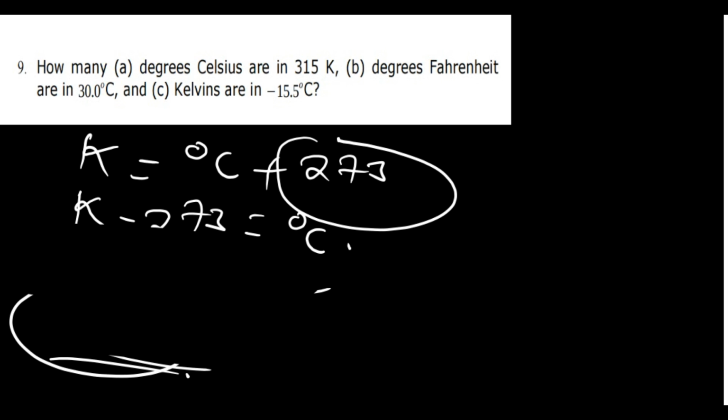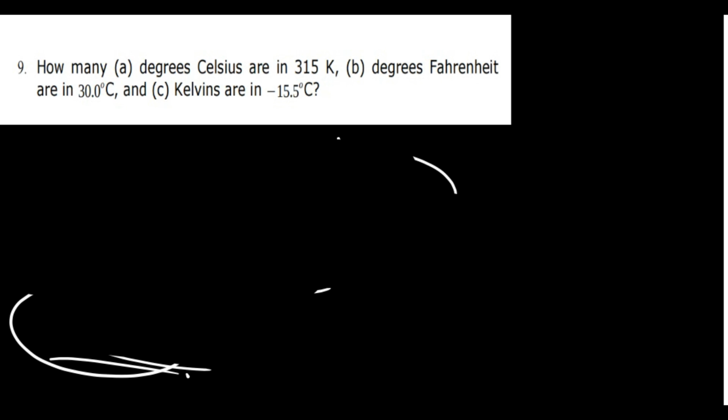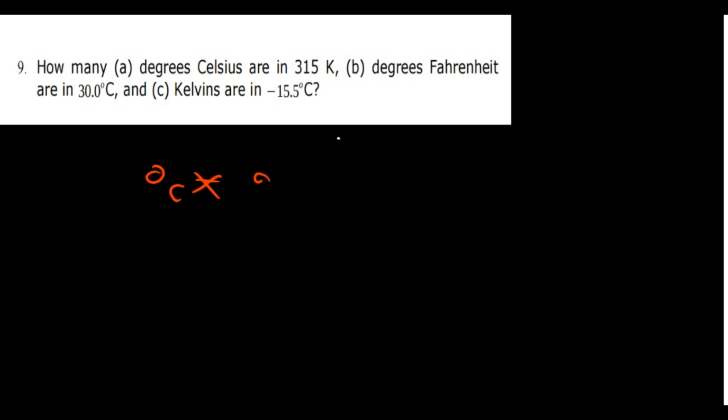So let's do part B, where we want to convert 30 degrees Celsius into Fahrenheit. We have the formula: we take the degrees Celsius times 9 divided by 5, then add 32. The answer we get is going to be our Fahrenheit.